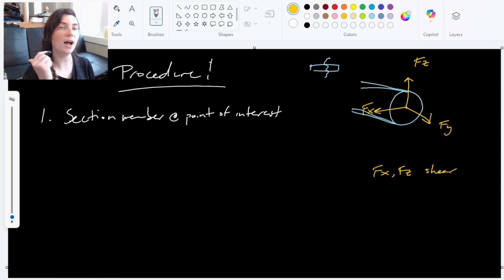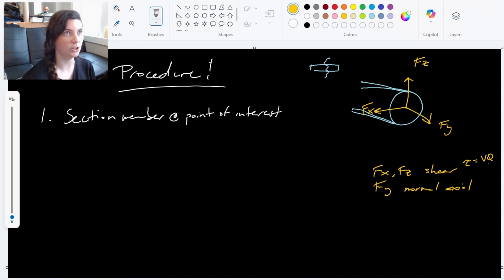And your FY, the one in your longitudinal direction, is going to be your normal axial force. So your shear, that's where you're going to use your shear stress, VQ over IT. Your normal axial, that's where you're going to use normal force over area.